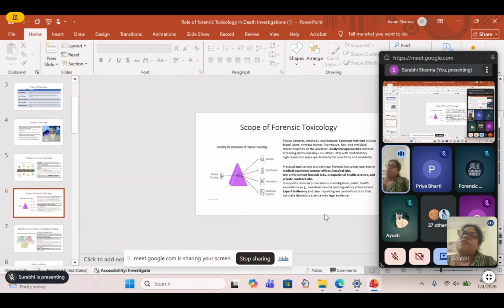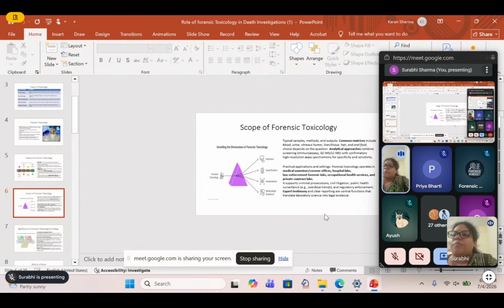We all know that we are forensic science students, and our work is to go into the lab and to study the various suspected organs, or various suspected materials, or various suspected exhibits that come to us, and we need to tell what kind of poisons might be possible in that particular exhibit.